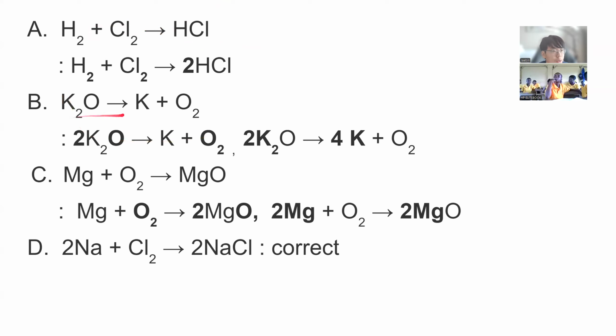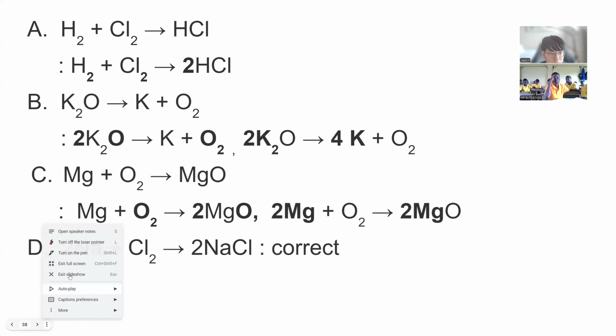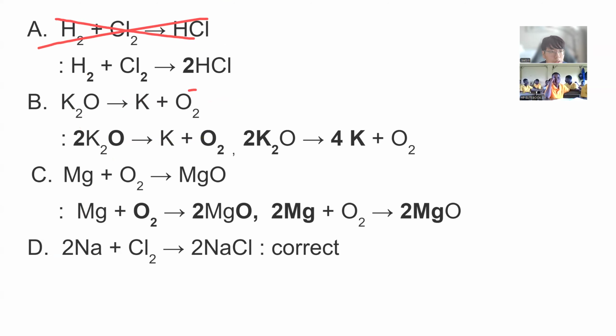What about K2O goes to K, potassium, plus O2? This is also not correct because we have 2 potassium atoms on the left side and 1 potassium atom on the right side.